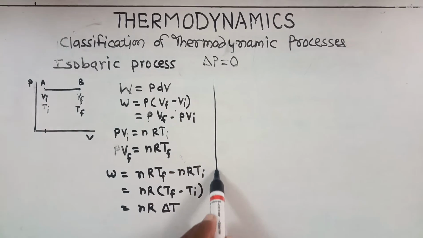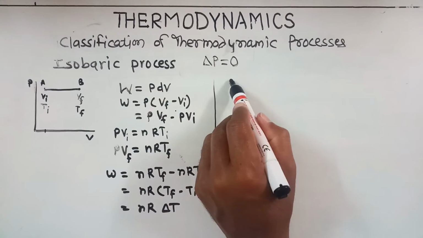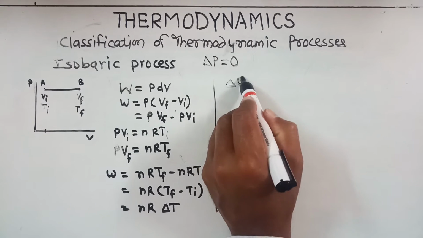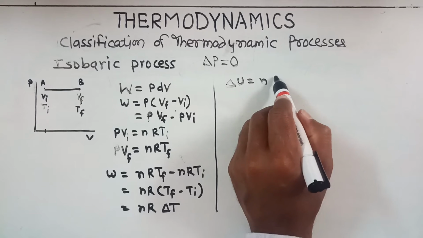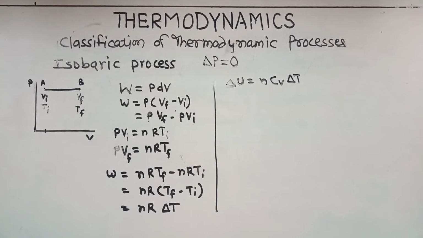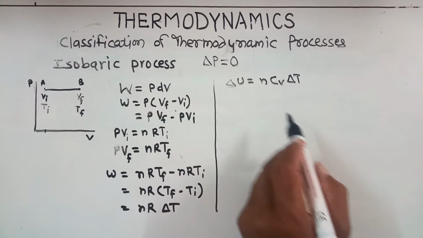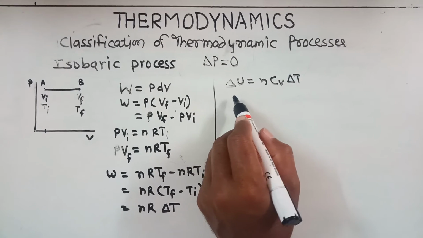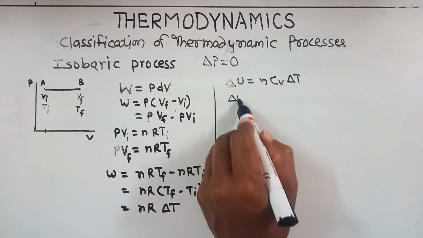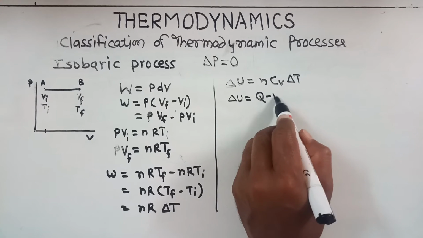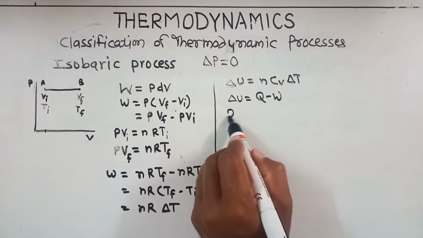Now let us find the change in internal energy of the system. The change in internal energy del U is equal to n Cv dT, where Cv is the specific heat at constant volume. This is the change in internal energy. We know the first law of thermodynamics, that the change in internal energy is the difference between heat supplied to the system and work done by the system.